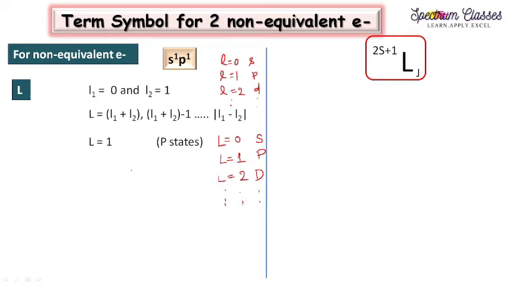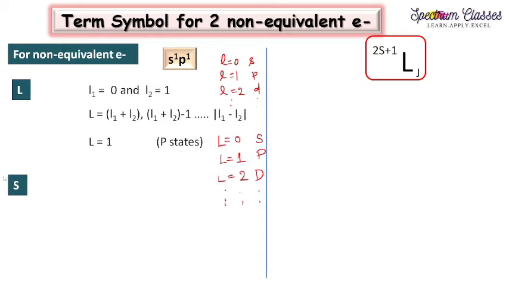In this manner, we are going to assign. So here again, I am telling you, this is S. So L1 is 0 and P, L2 is 1. Fine. So if we are getting L is equal to 1, then it stands for P state.